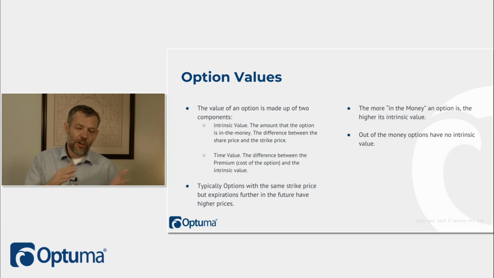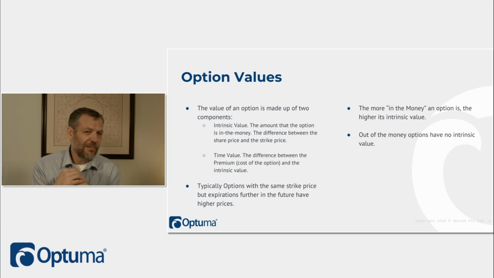Now, because there's no intrinsic value, there's no reason why I would buy that, because right now that option is going to lose money. What I'm buying is actually the time value. It's the difference between the premium, the cost of the option, and the intrinsic value that you would call the time value.